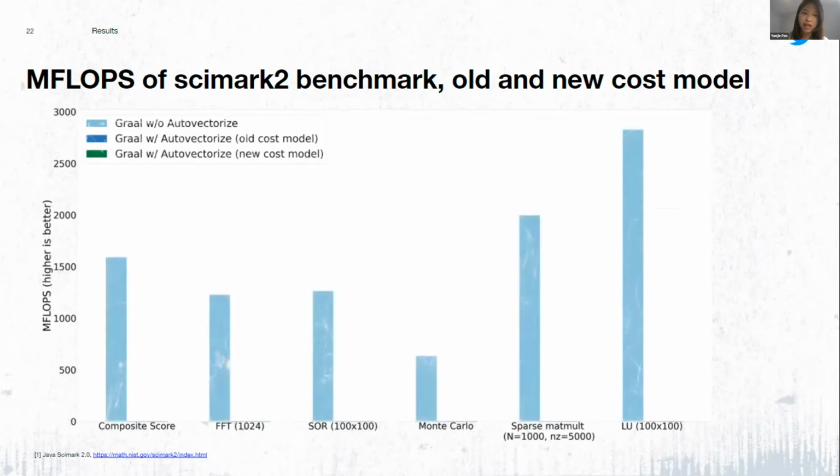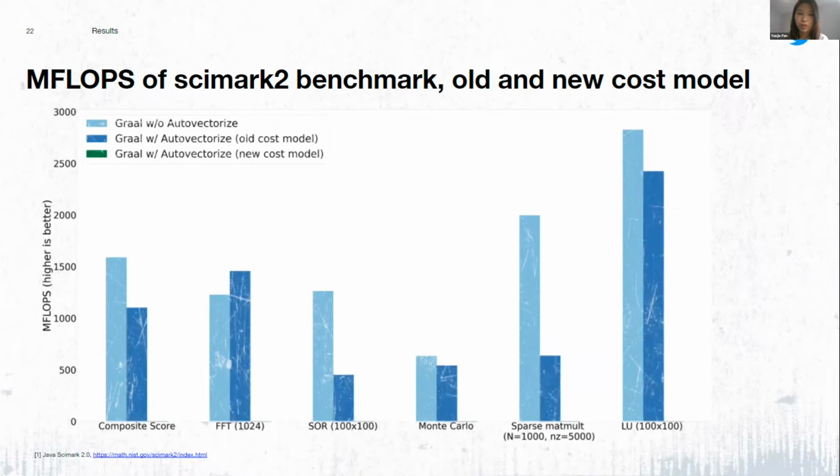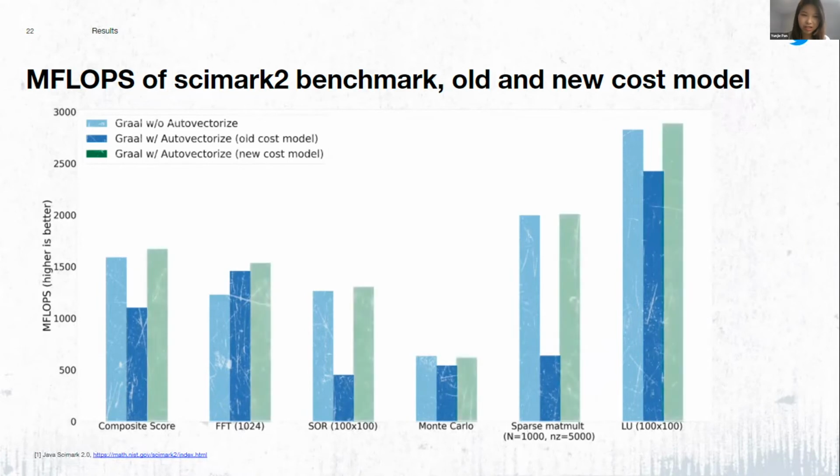The y-axis is the MFlops, so the higher the better. The first bar shows the scalar version, which is Graal without auto-vectorize. The second bar shows the result of Graal with auto-vectorize, where we aggressively vectorize. Except for FFT, for all the others, auto-vectorize seems worse than the scalar version.